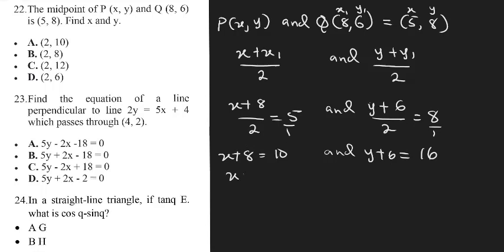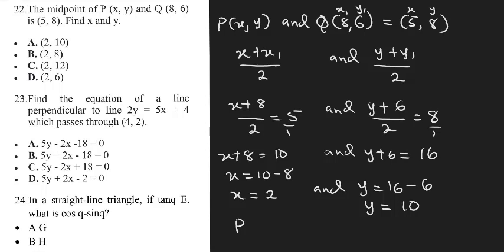So x equals 10 minus 8, so x is 2. Then y equals 16, this 6 will move to the other side, minus 6, so y equals 10. Therefore, we're looking for P, it will be 2 and 10. So that's the answer, 2 and 10. So with that, our answer will be A. So let's move to the next question.